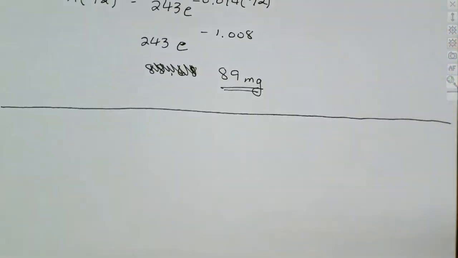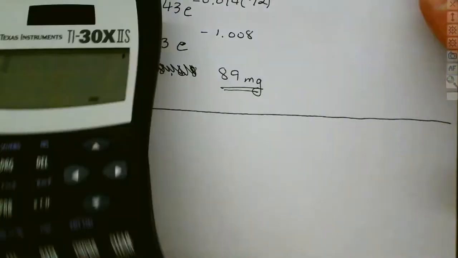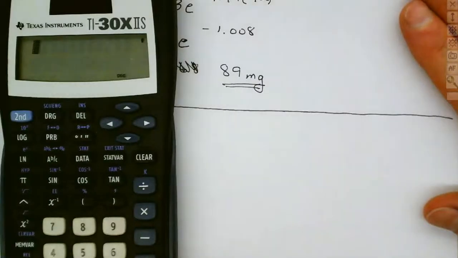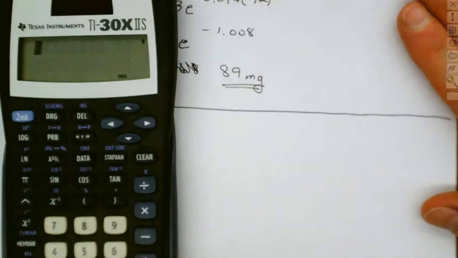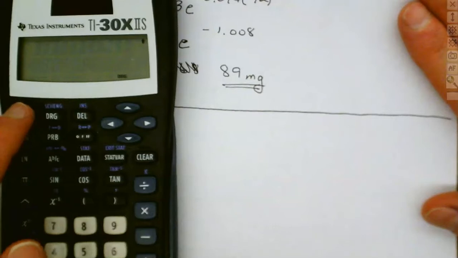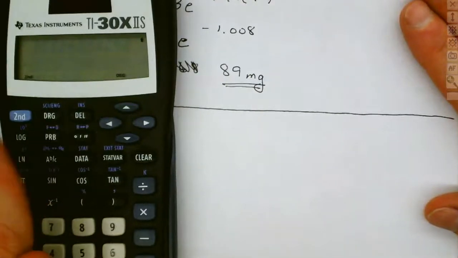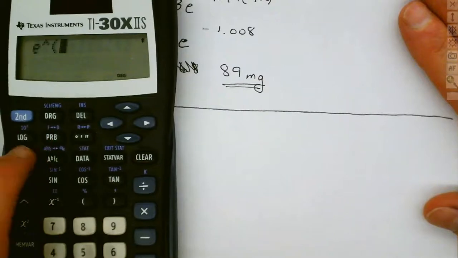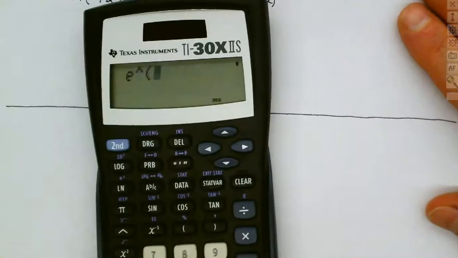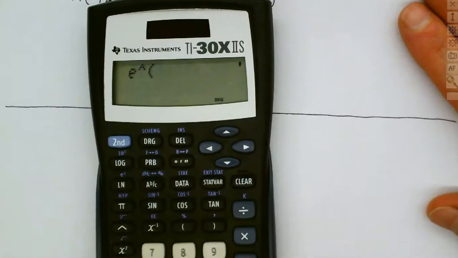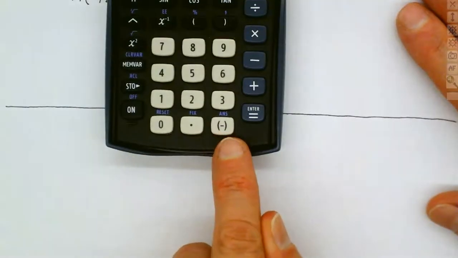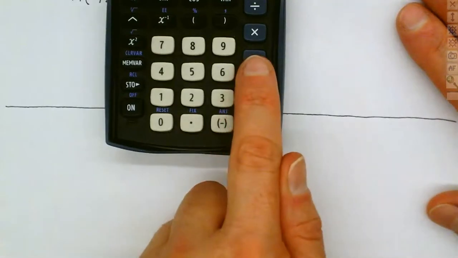Okay, now what about the other style of calculator? If you have this style, how would this style work? Very similar manner, a little bit different though. On this one, we do the second ln first. Let me find the ln key. Okay, and that puts that e up on the screen. Type in your number. Now, make sure you use the negative down here, the one with parentheses around it. Don't use this one. That's a subtraction.